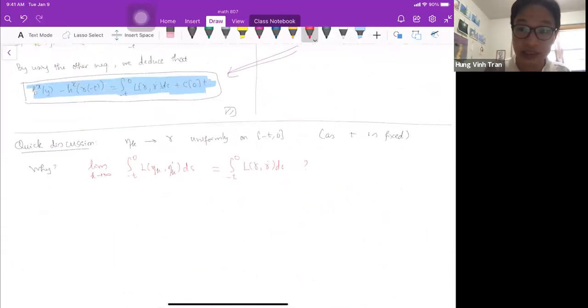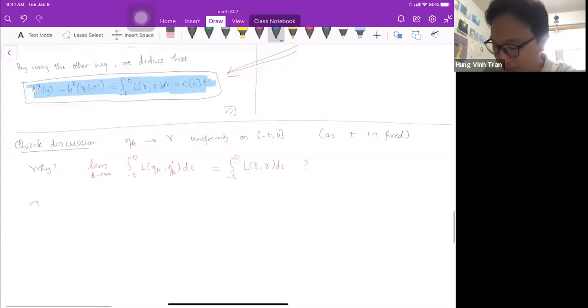I mean, this convergence sounds magical, right? But it's not too magical. It's already here. Of course, I am a little bit cheating here, but you're gonna see. So in fact, maybe this is point number one. In fact, eta k is a minimizer, right?